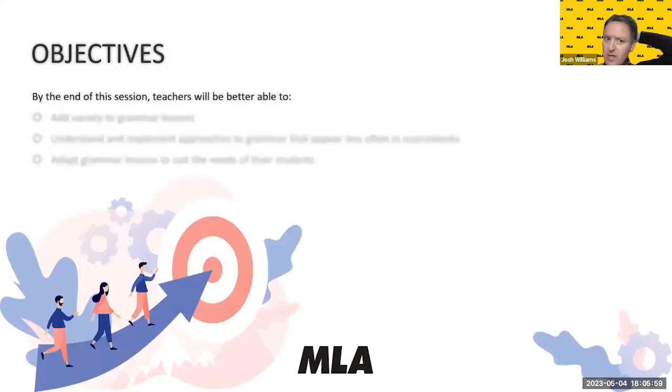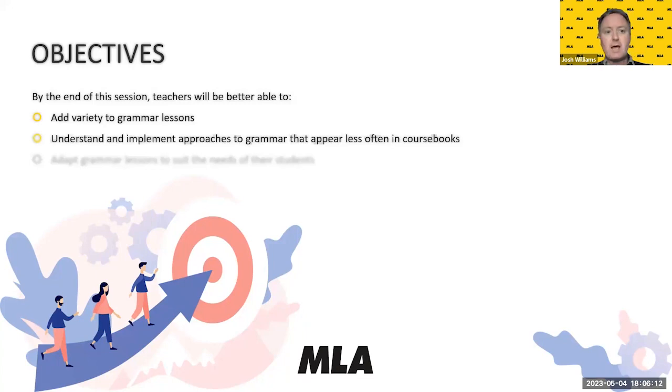Those are our objectives every time, and I hope you'll be able to add variety to grammar lessons. So with this webinar, I hope you can think of some ways of teaching grammar that you haven't seen before. Understand and implement approaches to grammar that appear less often in course books.